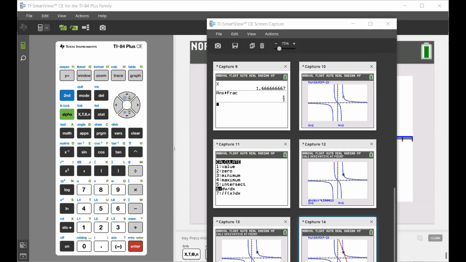Now for part B, find the rate at which the average profit is changing. Rate, that's your rate of change, which is the derivative. Rate of change means derivative. So the average profit is 4x minus 10,000 divided by x, but we want the derivative of that.